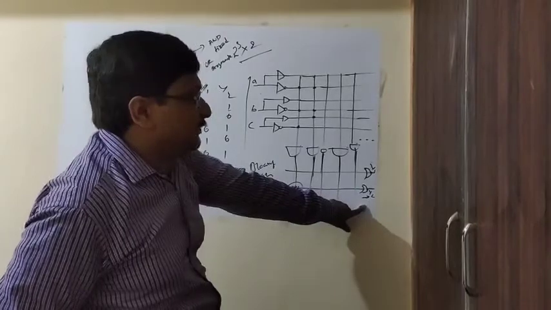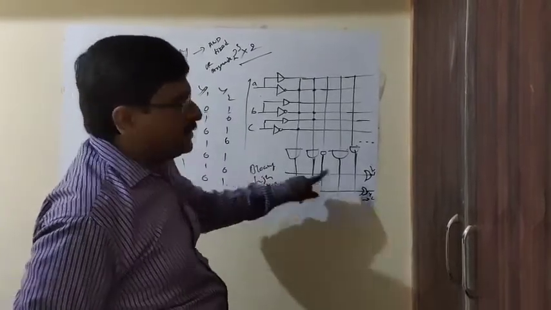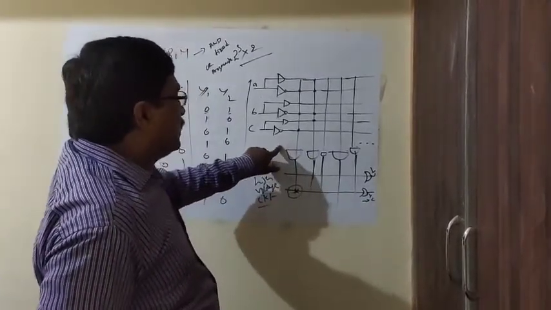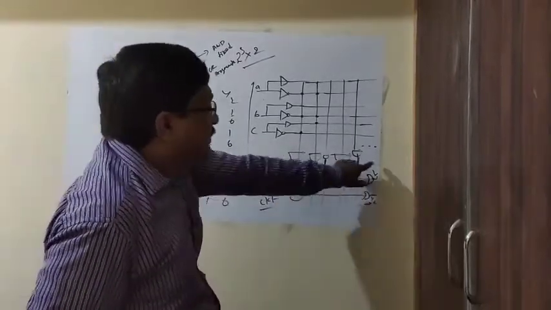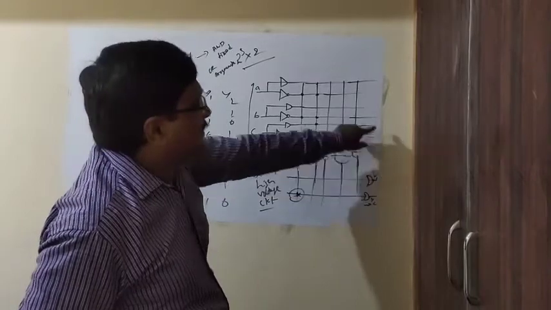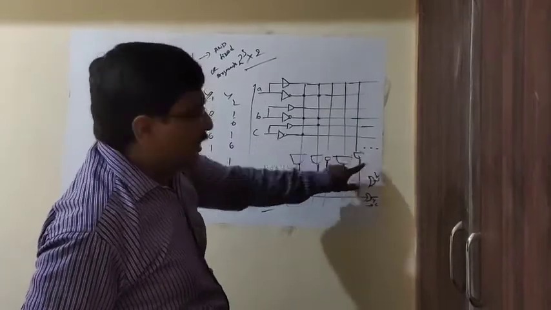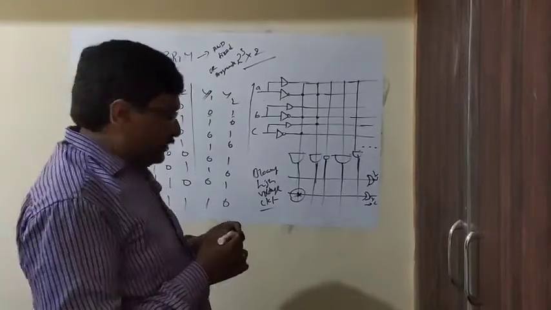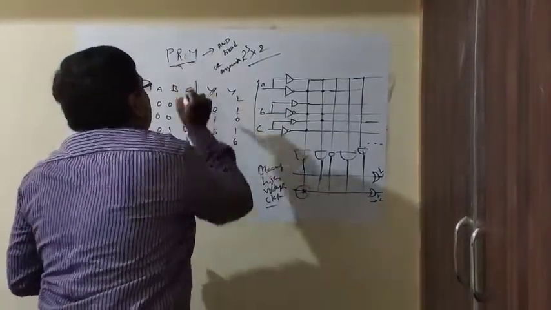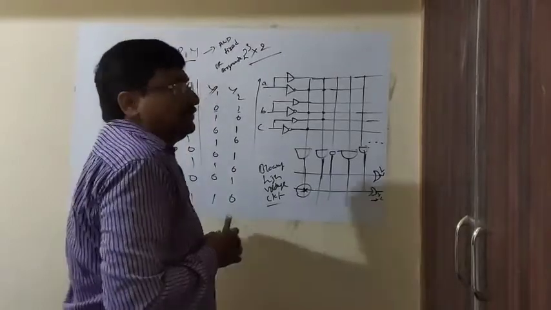OR gates represent the number of function outputs, and AND gates represent the input connectivity possibilities. There is a total of 8 possibilities, so we get 8 AND gates with fixed function connections, and OR connections will be fused by the user. This is regarding the PROM design. Thanks to all.